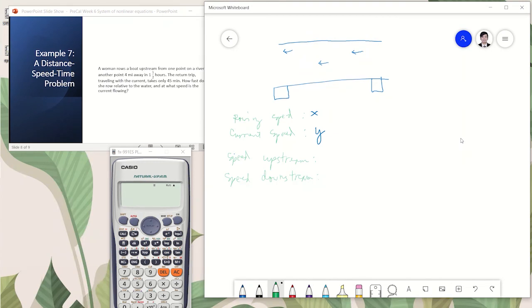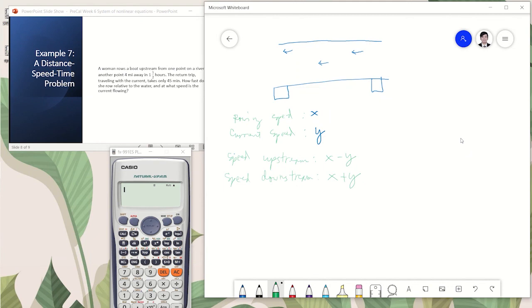So the speed upstream would be x minus y. That would be the woman's speed already, considering her capability with the boat in paddling or rowing, and then the speed downstream would be x plus y.